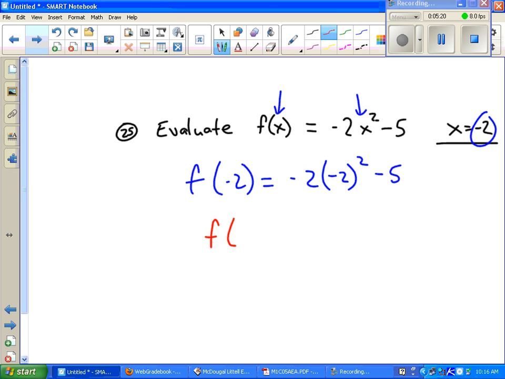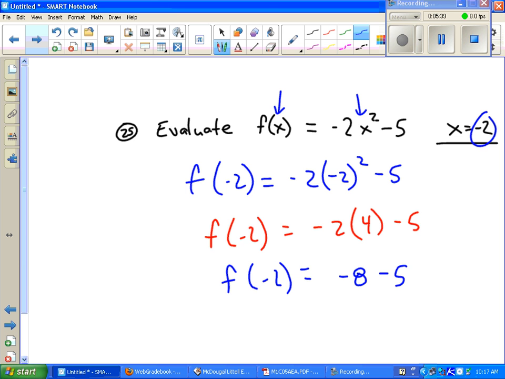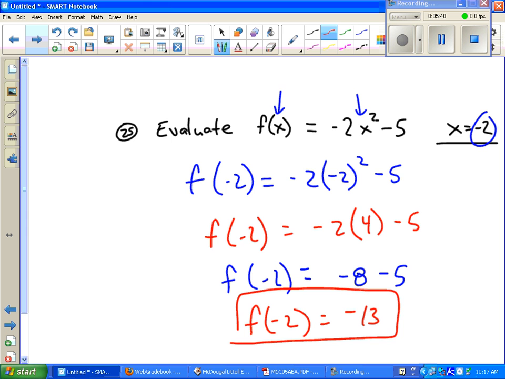So -2 squared would be -2 times -2, which is +4, minus 5. -2 times 4 is -8, and -8 minus 5, the same sign, would be -13. That is f of -2, number 25.